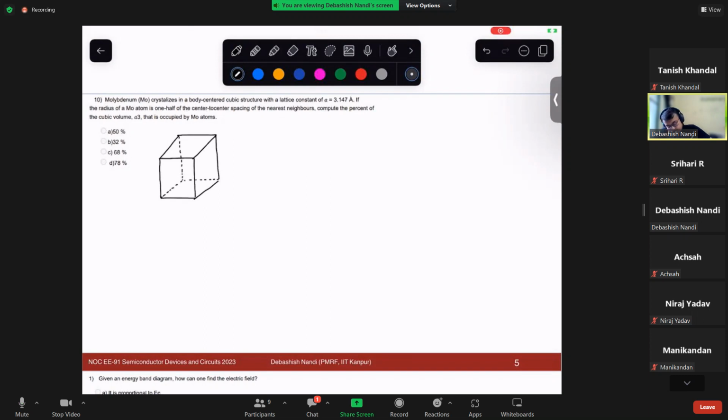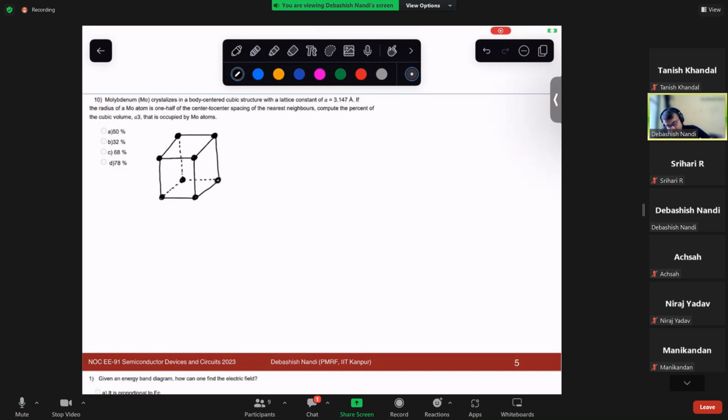So where are the positions of the atoms? As it is cubic, 8 atoms should be at the 8 corners and one atom would be at the center of any body diagonal.